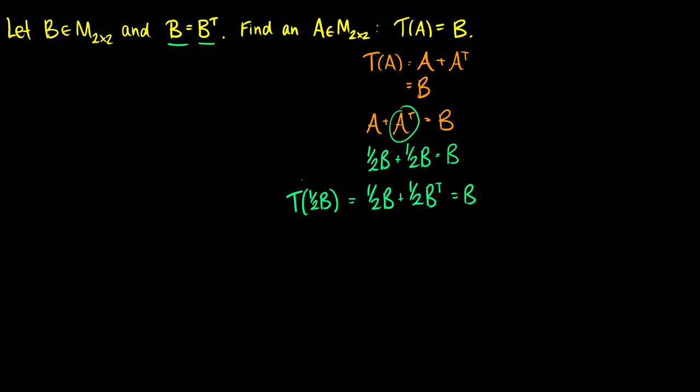So, the A I've chosen is equal to 1/2 B. So that's how you find the A in the vector space of 2 by 2 matrices such that the transformation on A gives you back B.